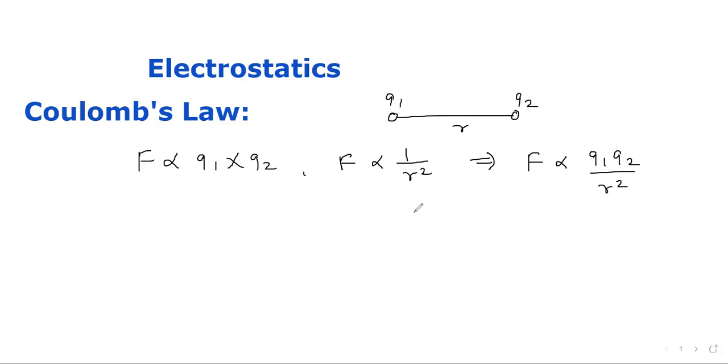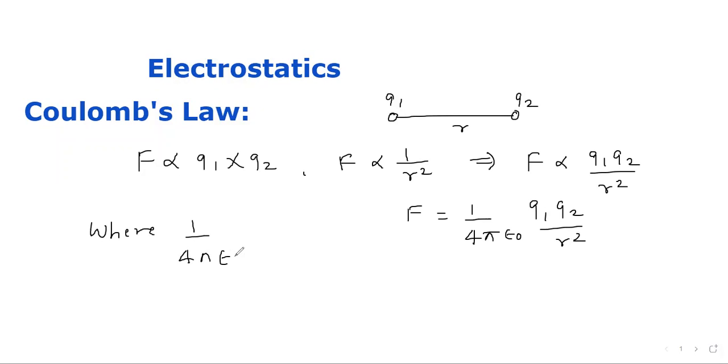We need a constant here. So we write F equal to 1 upon 4 pi epsilon naught Q1 Q2 divided by R square, where 1 upon 4 pi epsilon naught is equal to 9 into 10 to the power 9 Newton meter square divided by Coulomb square.